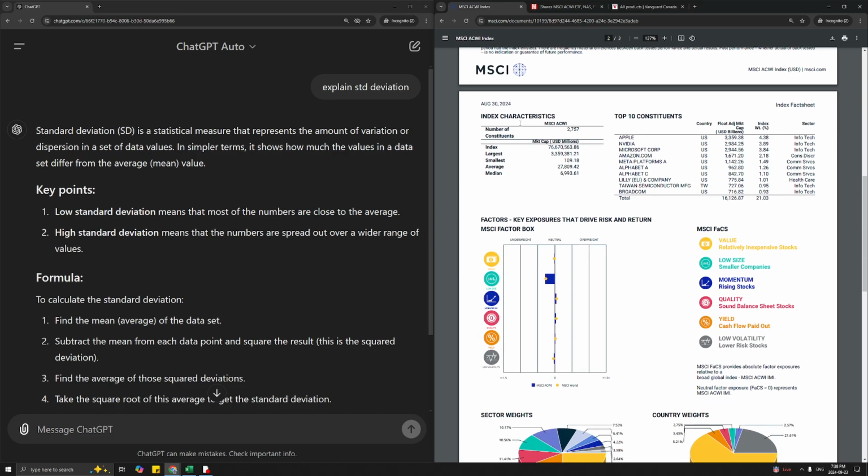Top 10 constituents. There's 2,800 different equities in here. Some are massive. Some are still big, like a $100 million company. But the top 10 right now is dominated by the US: Apple, Nvidia, Microsoft, Amazon, Meta, Alphabet.